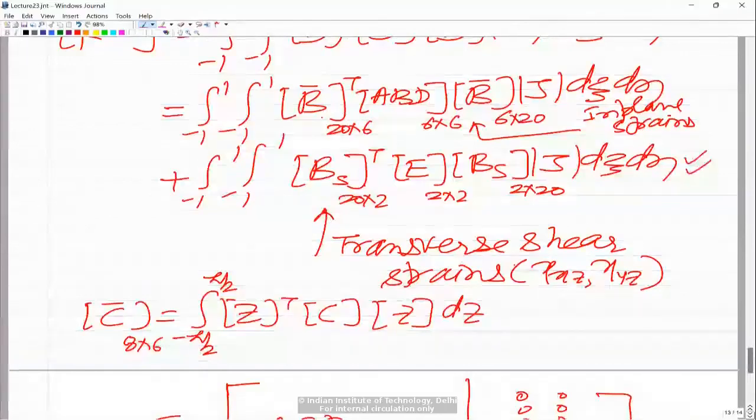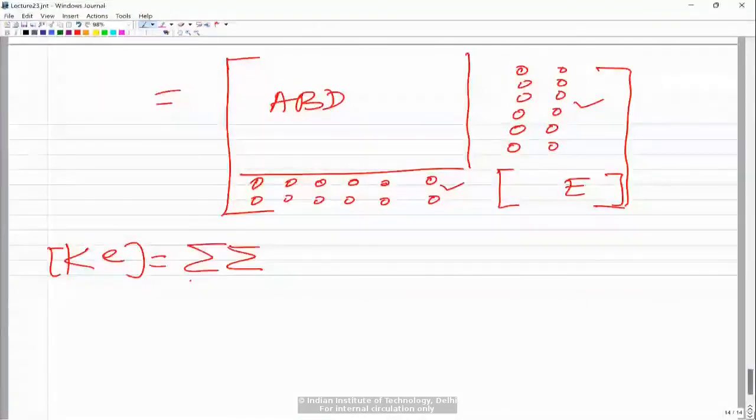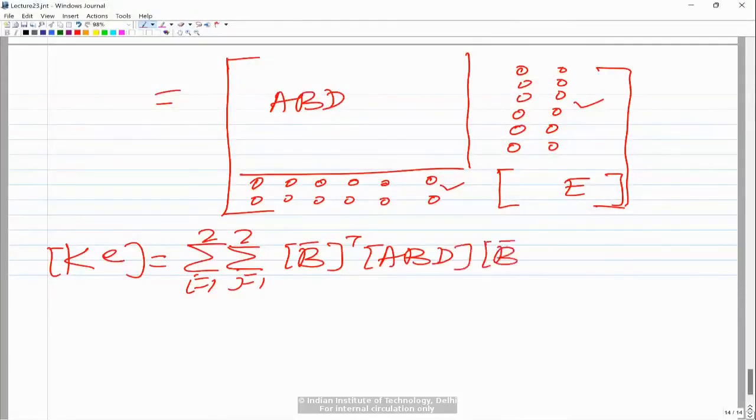So then this Ke we write as the summation i going from 1 to 2, j going from 1 to 2, and then we have this B bar transpose into ABD, and B bar, determinant of J, this whole thing evaluated at xi i comma eta j, wi wj.